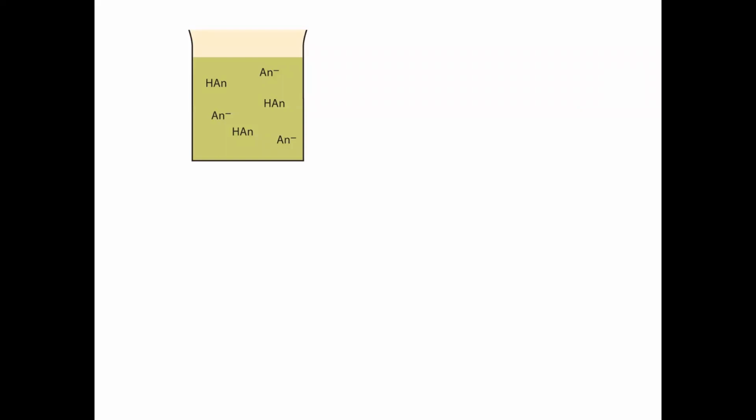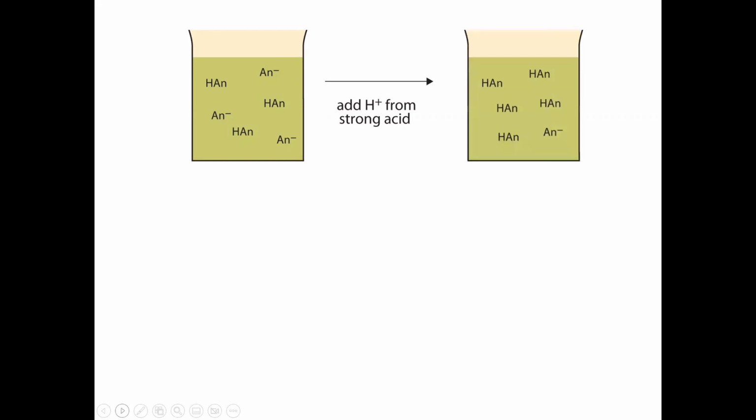All right, so looking at what's happening more on the particulate level. Here we have a buffer solution. So notice that we have the parent acid and then the anion kind of floating around. If we add an acid, so we add hydrogen ions to it, the hydrogens react with those anions, producing more of the acid.